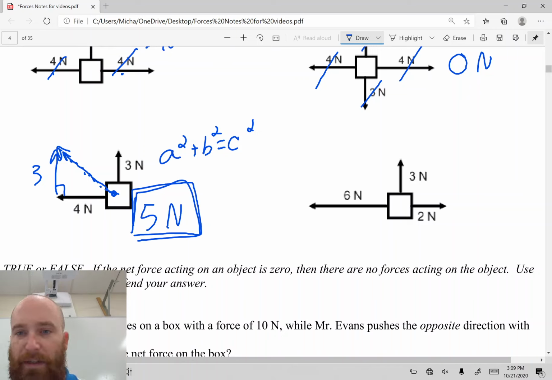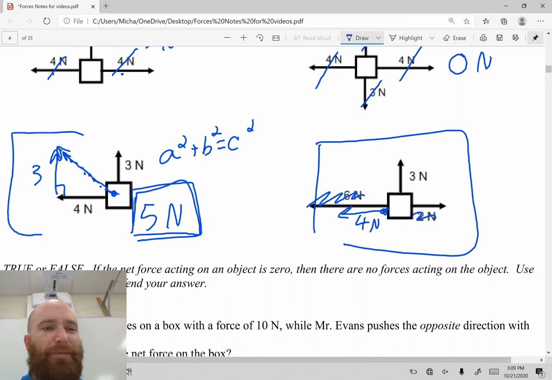So let's do the y's last, because the x's, there's a little more to it. Let's get it out of the way. I've got 6 left and 2 right. What would those make? Well, I think those would make a total of 4 newtons to the left, right? Again, the 6 and the 2 combine to make this 4. Now I'm looking at this example, and it looks awfully similar to that one, right? 3 up and 4 to the left.